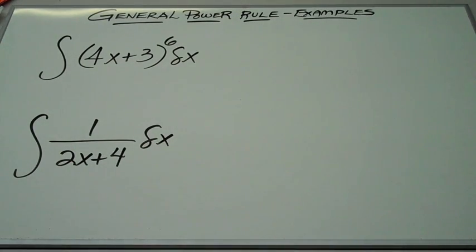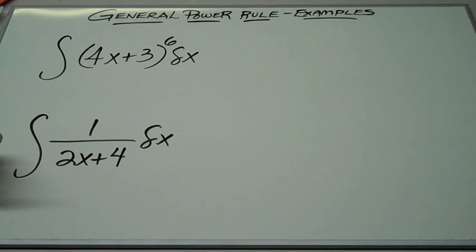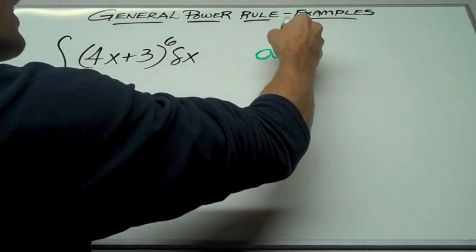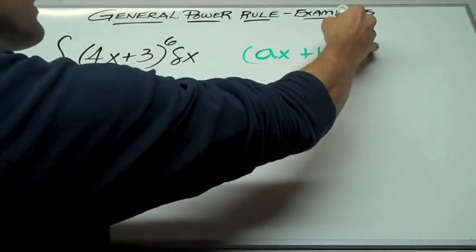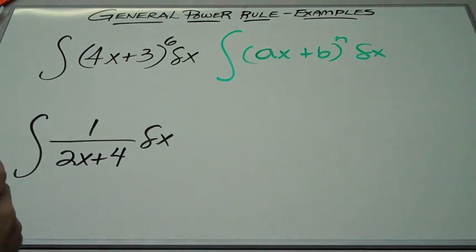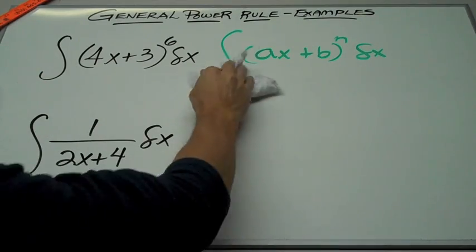Here are a couple of examples of using the general power rule of integration. For example, take the integral of (4x + 3)^6 dx. You have to recognize that that is really (ax + b)^n dx, and we're taking the integral of that. Once you recognize that that is the pattern, you can apply the rule.